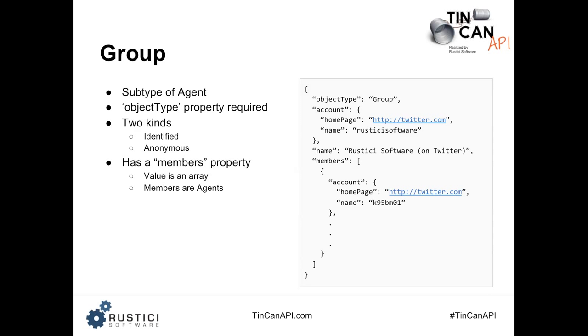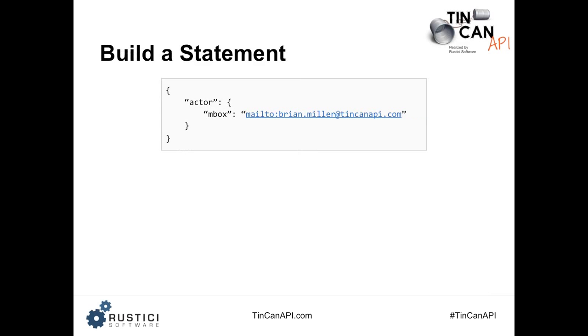The members in the group need to be identified because they're agents, but they do not have to be identified in the same manner. So for instance, a member of a group could have an account as its identifier, and another member of that group could be an inbox agent, for instance.